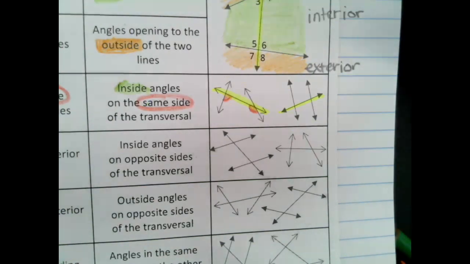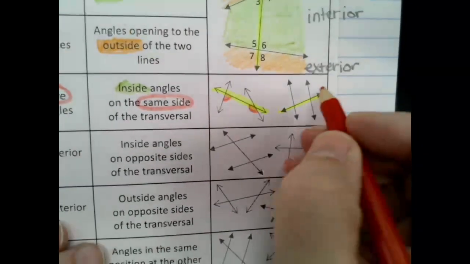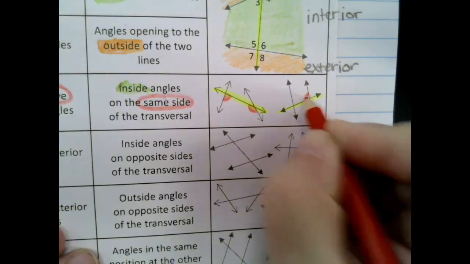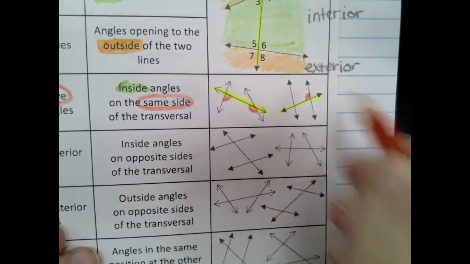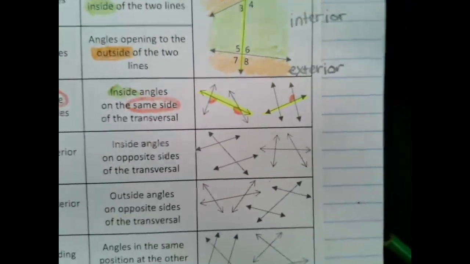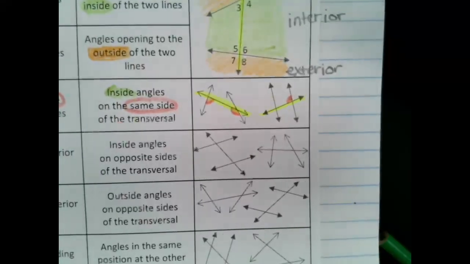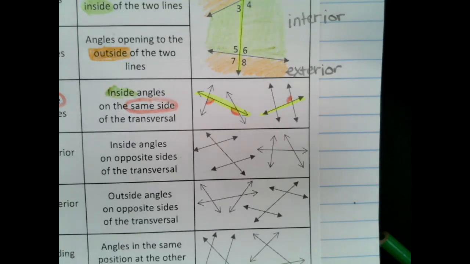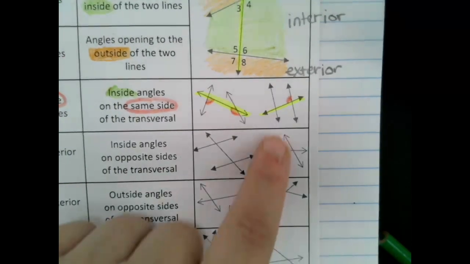Okay, so if I look at the other one, if I take this one over here, that's an interior angle. It's in between our two other angles. That's our first angle that I'm marking, so now we're going to match it with the other consecutive interior angle.